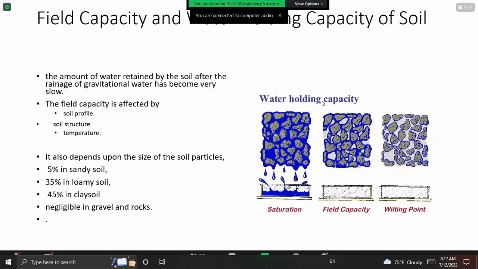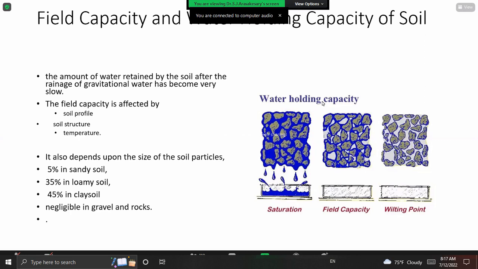So the water holding capacity is very less. Water received can be stored.